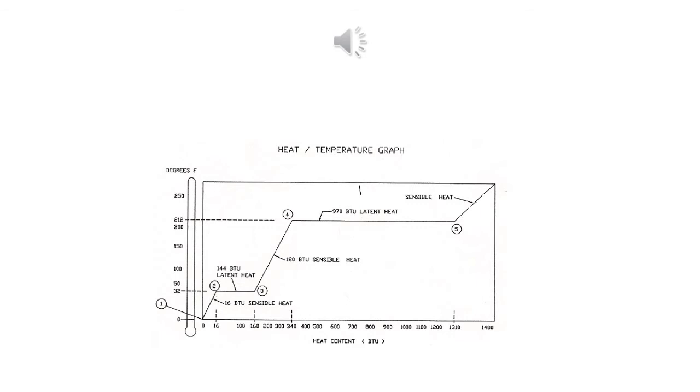At 32 degrees Fahrenheit, an additional 144 BTUs of latent heat is added to the ice to melt it and turn it to straight water. An additional 180 BTUs of sensible heat is then added to raise the temperature to 212 degrees Fahrenheit. It takes an additional 970 BTUs of heat to change the water to a vapor.